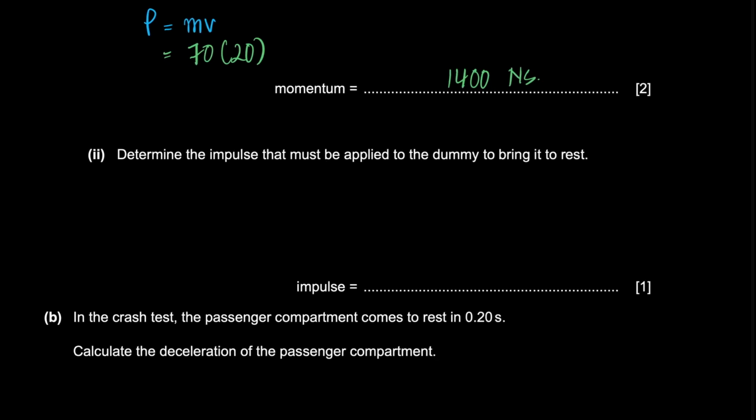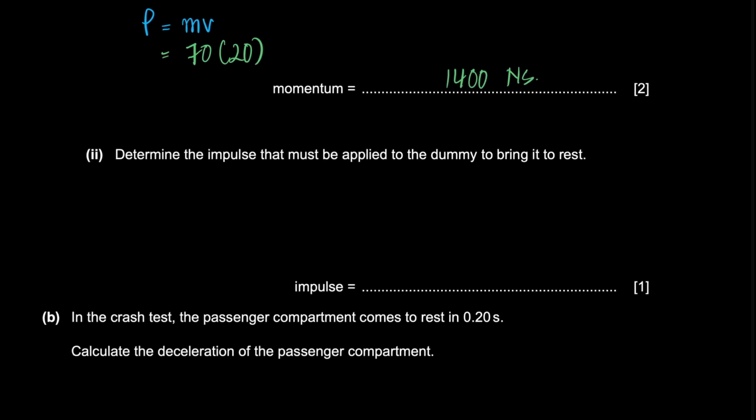Determine the impulse that must be applied for the dummy to bring it to rest. Well, it's 1400 Newton seconds. That's the momentum. Change that to 0. Shouldn't that just be 1400 Newton seconds? Because you have to bring this value to 0.